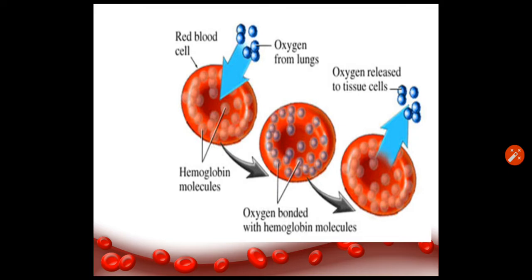It will be released to those tissue cells. So the carrying capacity of the red blood cell is determined by the hemoglobin concentration. Oxygen carrying capacity is determined by the hemoglobin concentration, and also the RBC is carrying the oxygen. So that is the role of RBC and hemoglobin in our body.